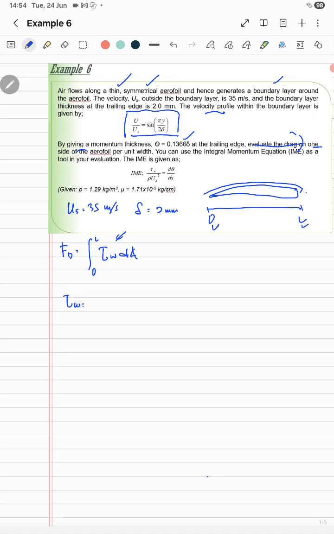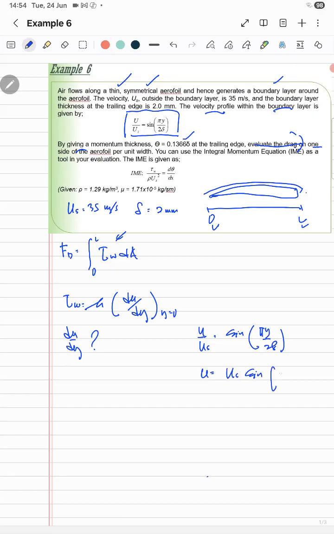The wall shear stress is equal to μ du/dy at y equal to 0. And then what is du/dy? We have the boundary layer equation, u over U∞ equals sin(πy over 2δ). So from here we have u equal to U∞ sin(πy over 2δ).